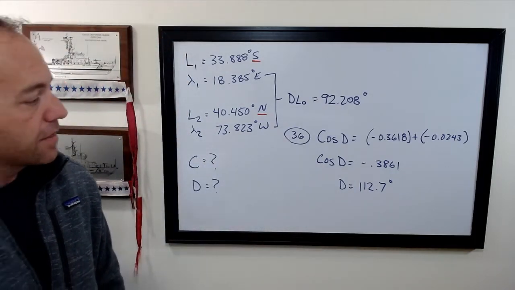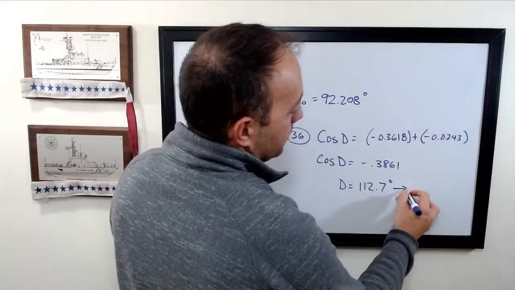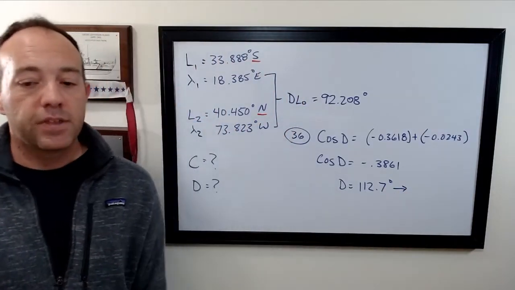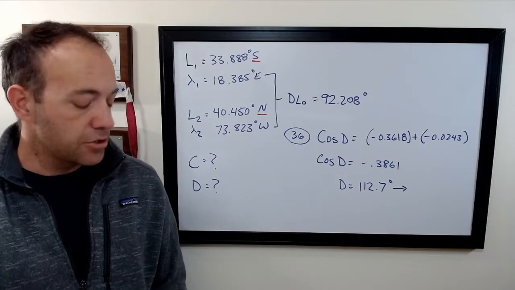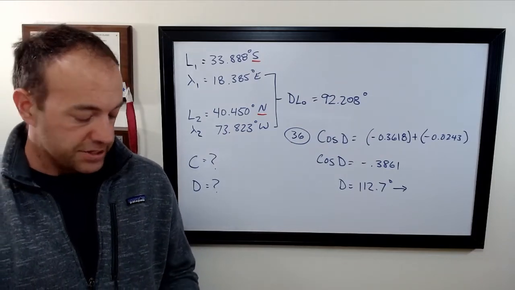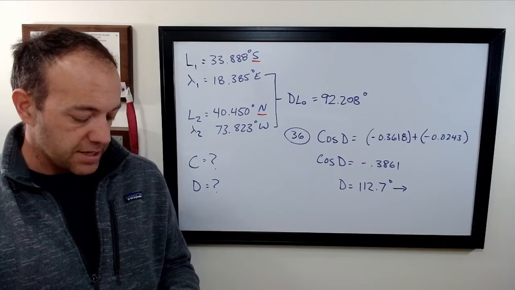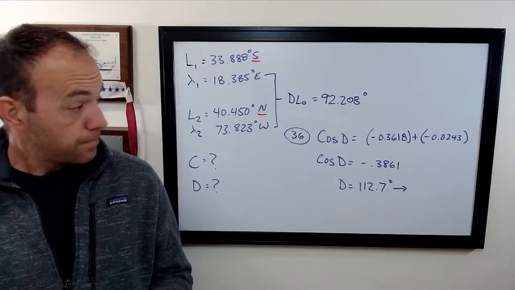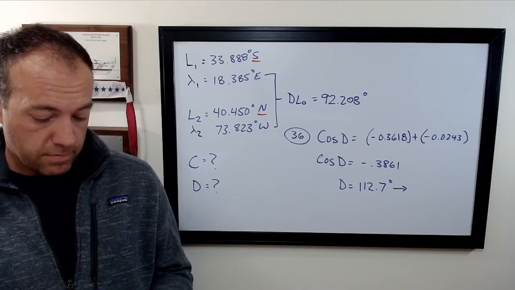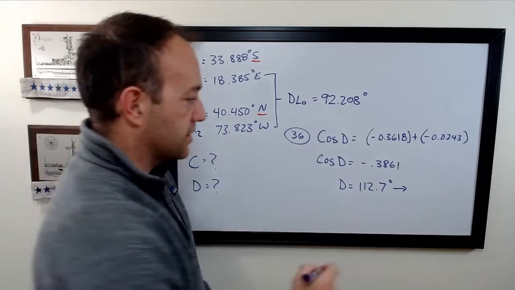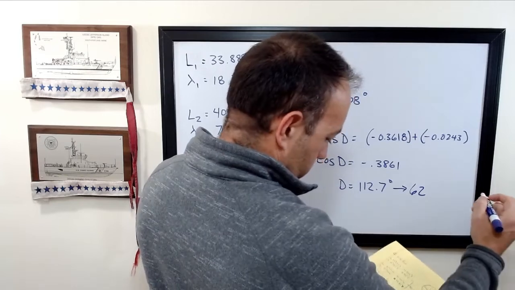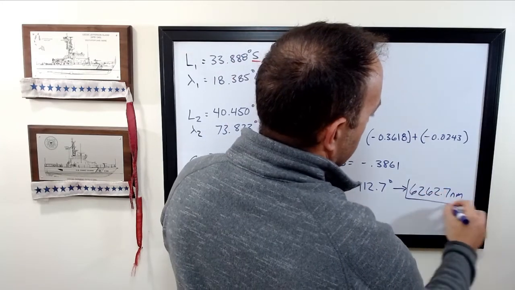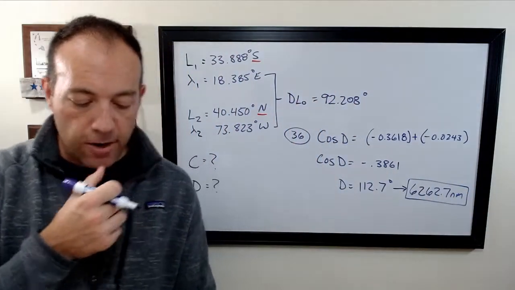That's not going to be helpful. But if you know that there's 60 nautical miles in a degree, then you can get your distance that way. So we'll take the 112.7 times 60. Gives you a final distance of 6,262.7 nautical miles. And that's exactly what the Coast Guard book answer is.